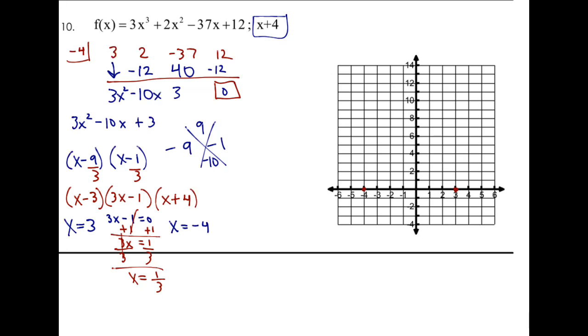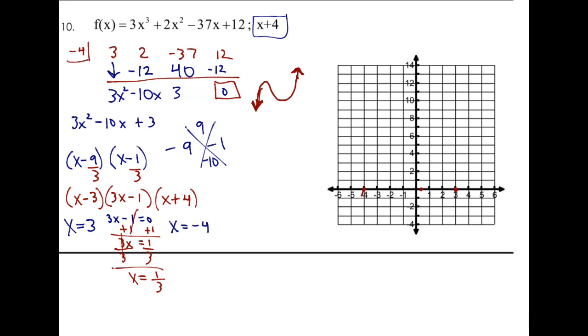That's a little bit less than half, and so we'll plot that on there, right there. This is an odd function, so we know left side should be down, right side should be up, with going up 1, down 2, up 3, so we know our graph should look something similar to this.